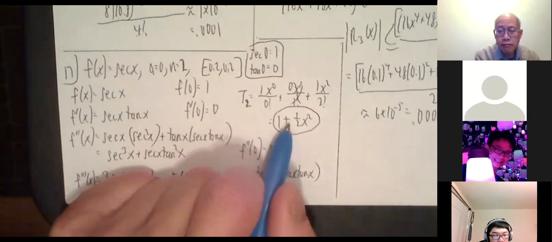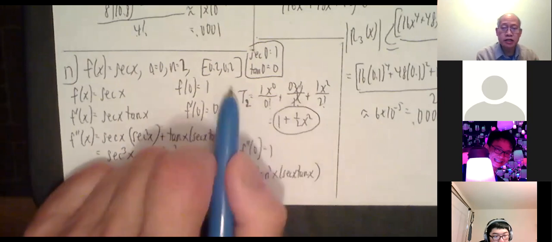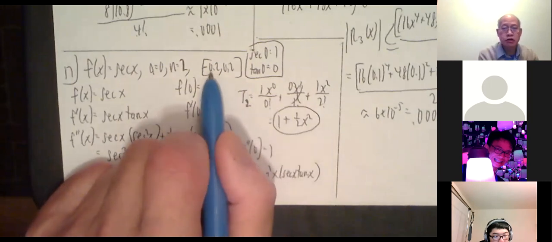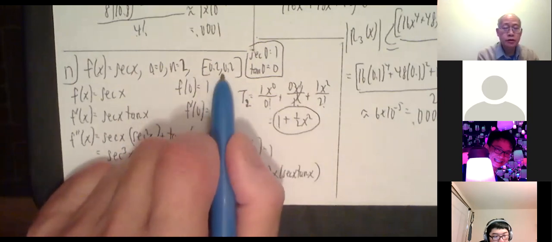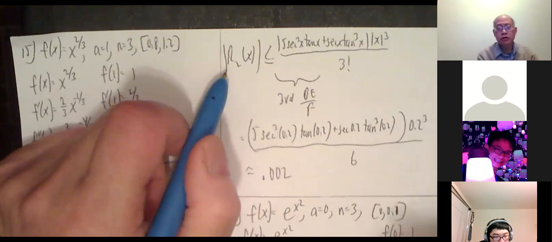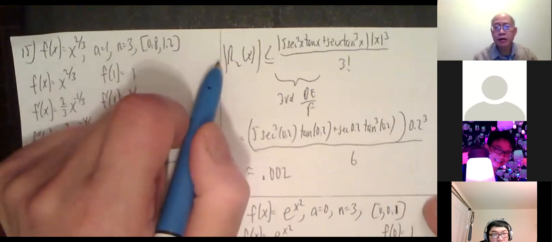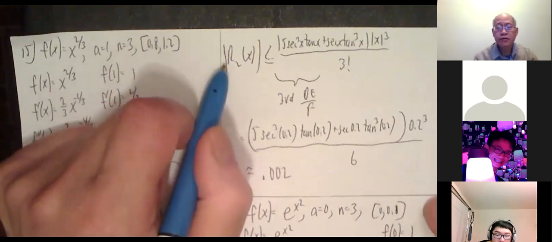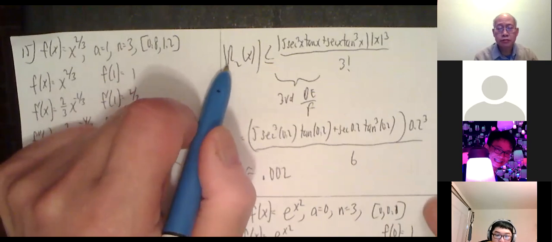They're not the same. So we're going to have some kind of error. Yes, but we can get an approximation for the error between negative 0.2 and 0.2. Okay, so our estimate for the error, R2 of x. So notice the notation. It's the remainder if I have the second degree polynomial.